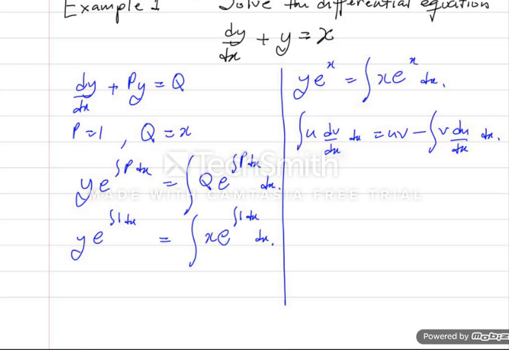Fine. So something has to be u and something has to be v. I'm going to let u be equal to x, because that's easy to differentiate. So du by dx would be equal to 1. Then I'm going to let dv by dx be equal to e to the x.